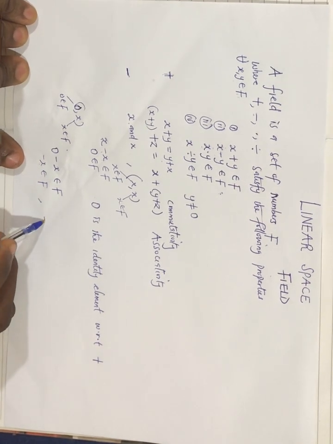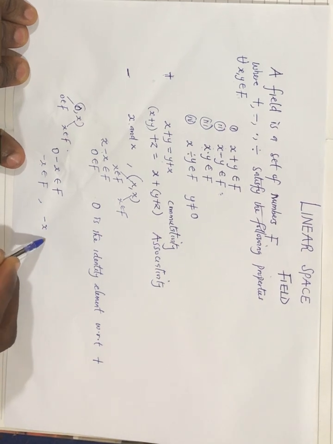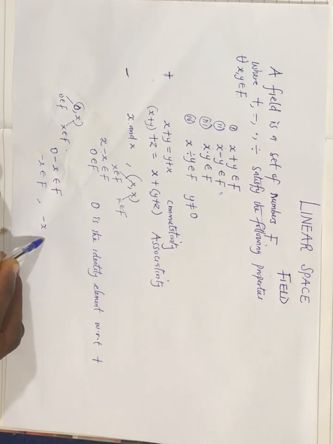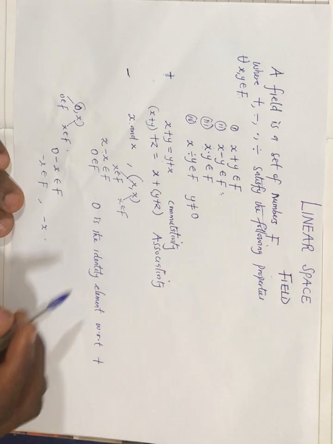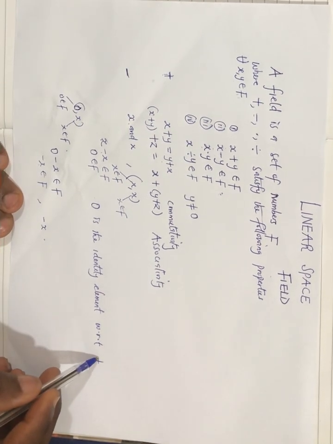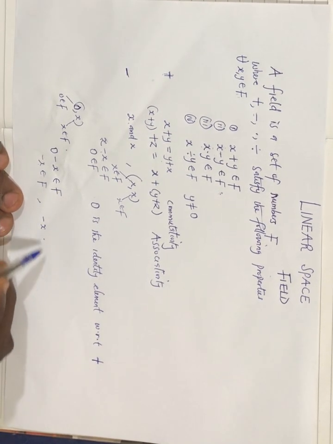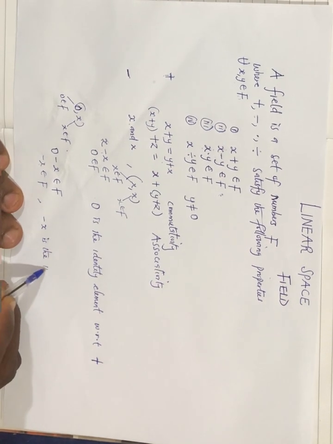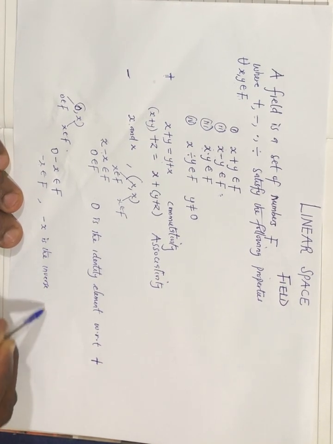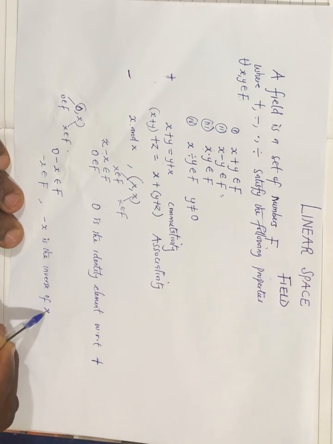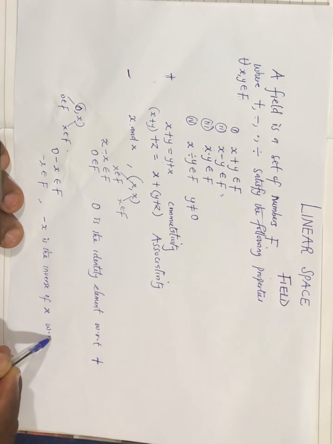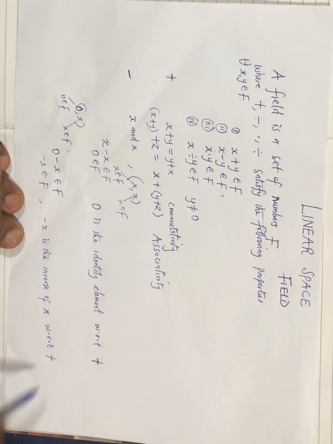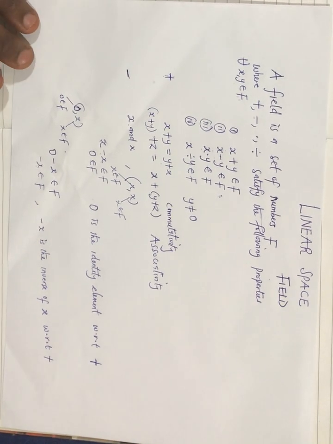In mathematics, minus x is called the inverse of x with respect to the additive operation. Let me put it in writing: minus x is the inverse of x with respect to the additive operation. Why is it called the inverse?